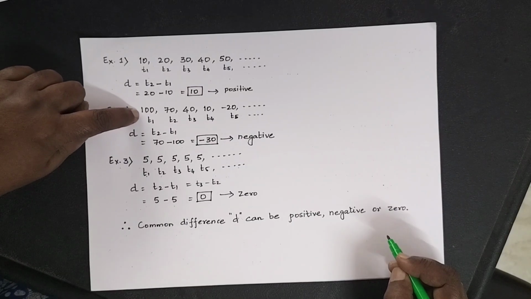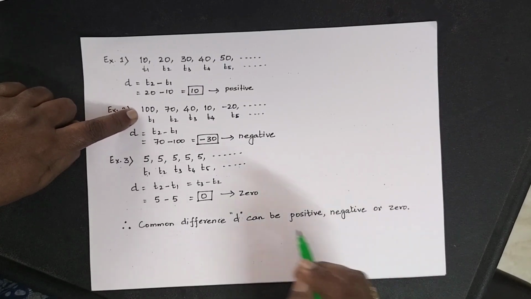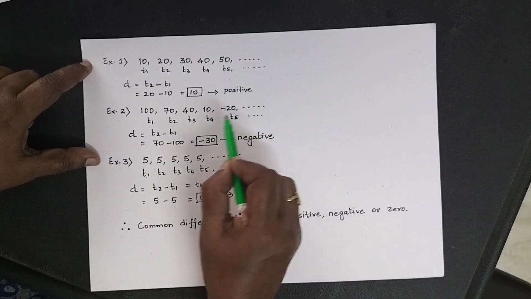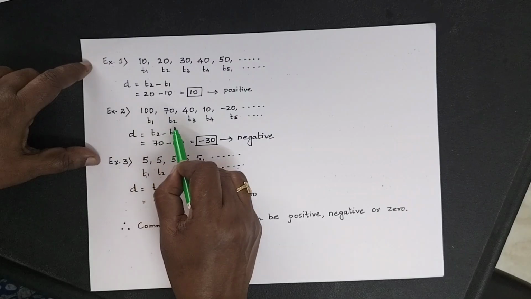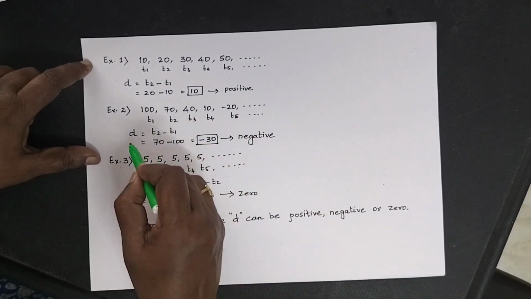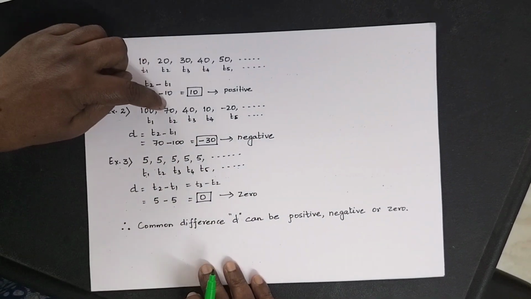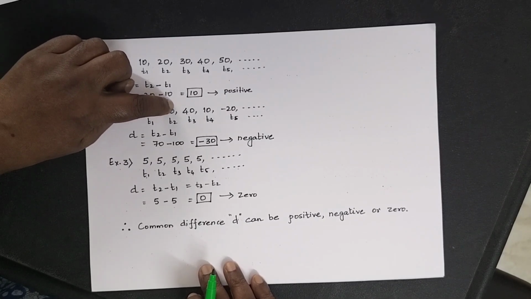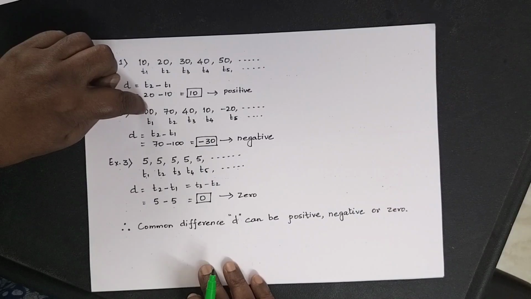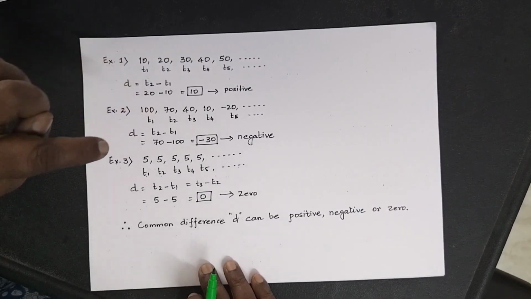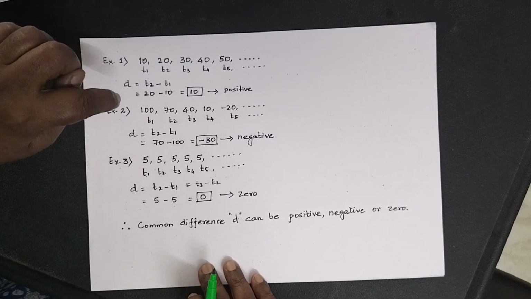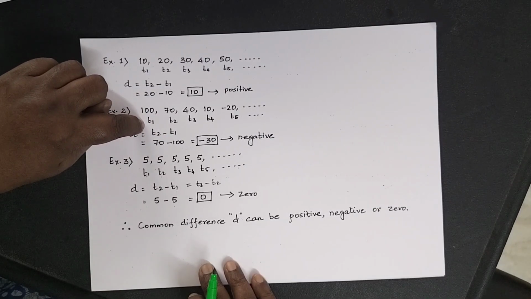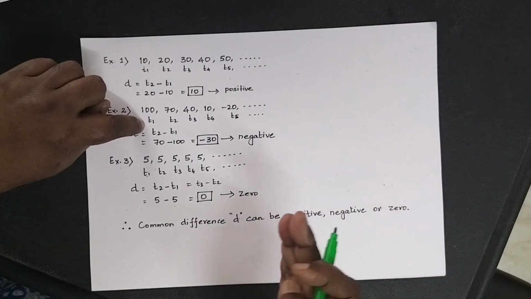Okay, next example, now look at this. This AP is in descending order: 100, 70, 40, 10, minus 20, etc. The terms are T1, T2, T3, T4, T5. So d is equal to T2 minus T1. Even though the next term is smaller than the previous number, we have to go according to the rule. d is equal to second term minus first term, or next term minus the previous term.